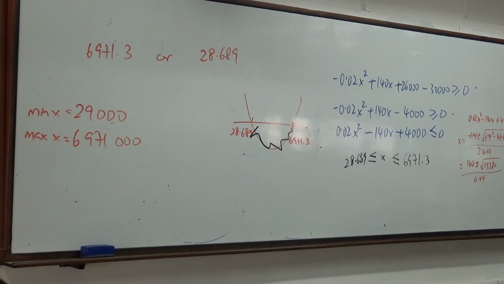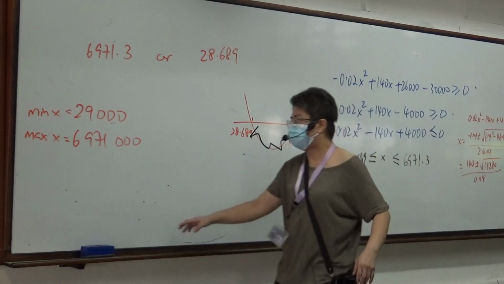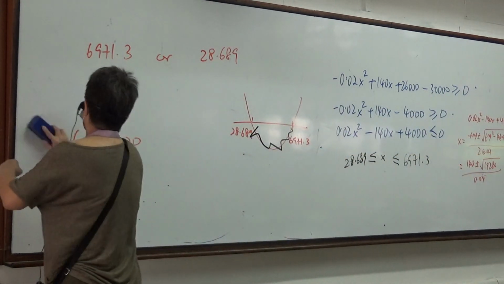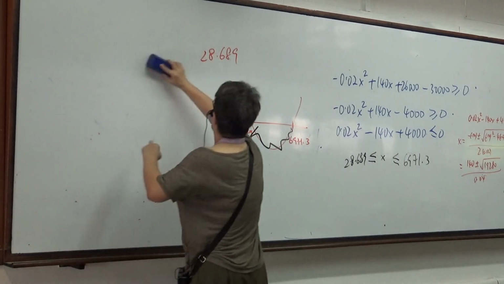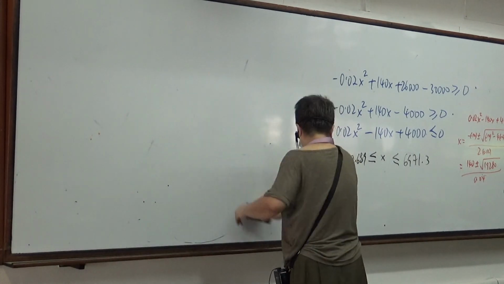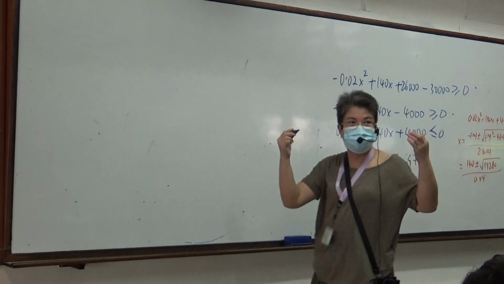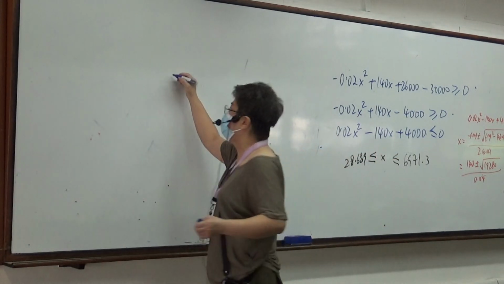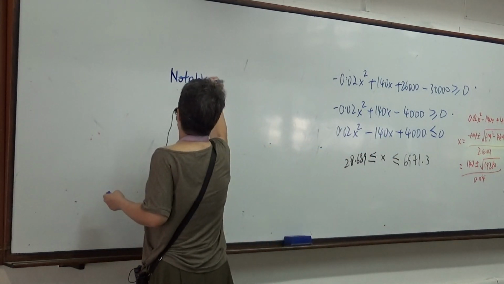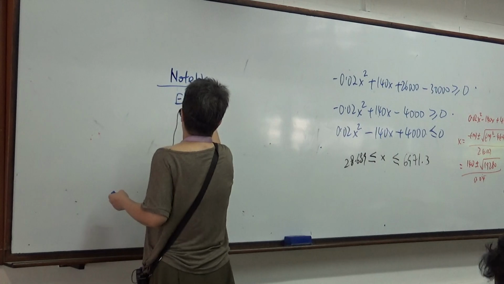Alright, now I am going to do some questions in the notebook first. Okay? Because time is up already. Alright. I'm going to give you this set of work to be done in the notebook. That's all. Because we need to draw it first. Okay? So, can you do in the notebook?